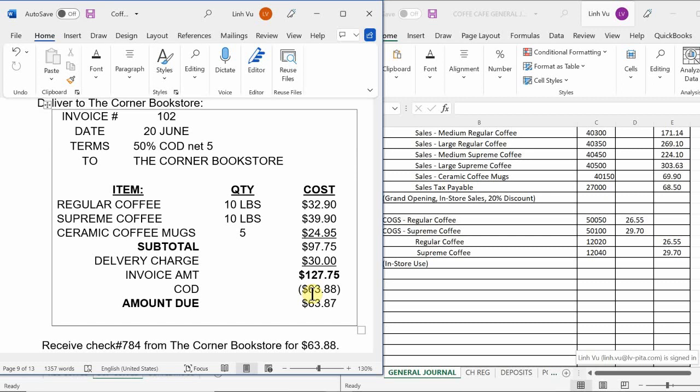So in this case, here we are. Let's journalize this transaction.